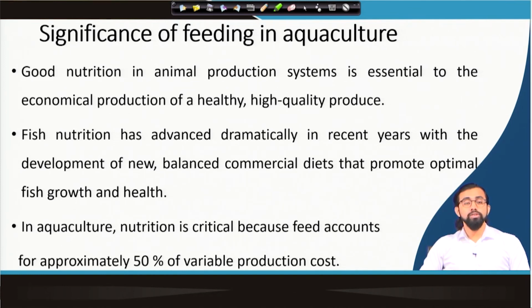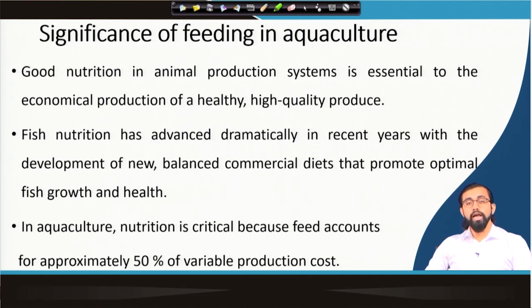Good feed gives you good production and good economic benefit also. It's not always beneficial to go for cheap, low cost nutritional input, because it will also give you low yield, which comes out as not beneficial at all. So this is very important.